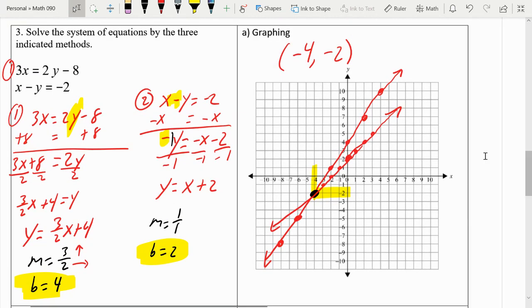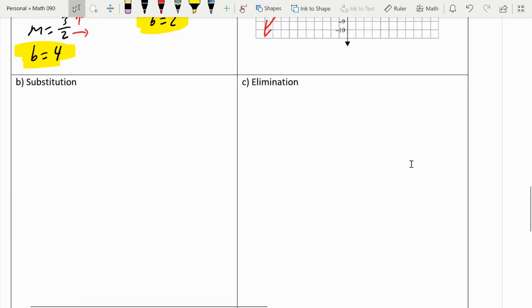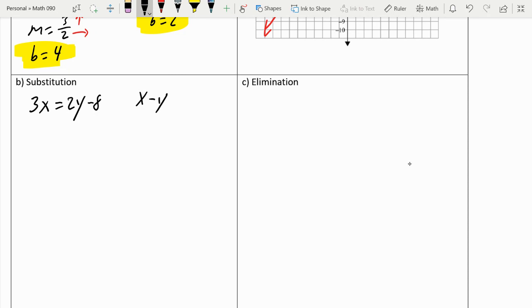So for substitution, let me rewrite the original problems here, which was 3x is equal to 2y minus 8. And then the other equation was x minus y is equal to -2.